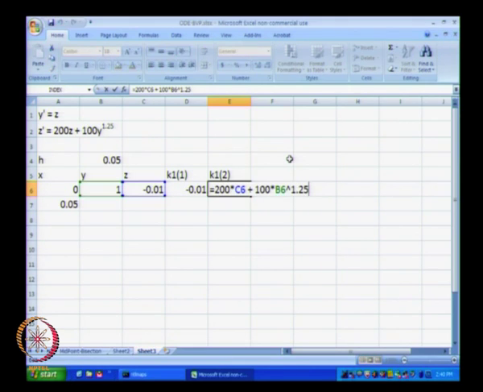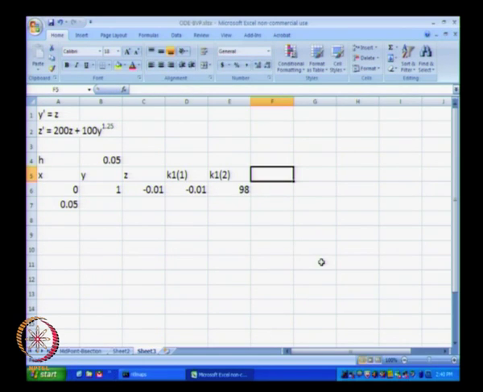Okay, that is going to be our k1. Next we want y plus k1 h by 2. So, y plus h multiplied by k1 by 2, and we want z plus h k1 by 2. Okay.